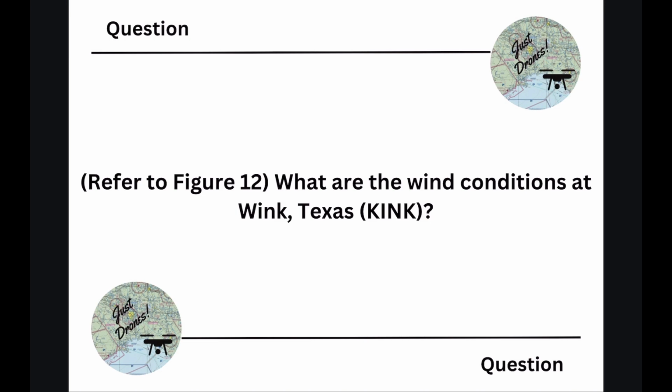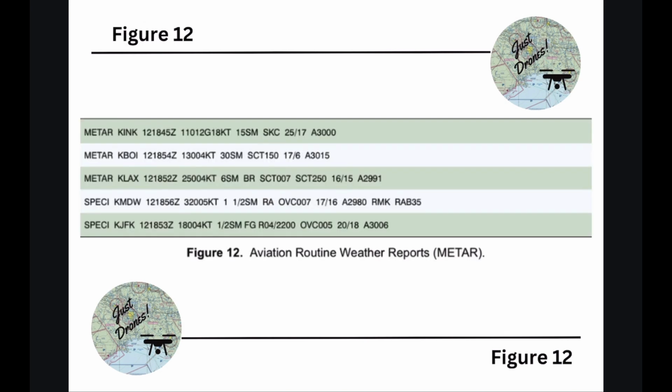So now that we read the question, let's look at the figure. So we have a few airports that have released METARs. Looks like we have 5 different airports. So the very first thing we have to do is find Wink. And looking at this, we can go ahead and tell Wink, Texas is at the top. But before we get into it, let's take a look at the possible answer choices we have.